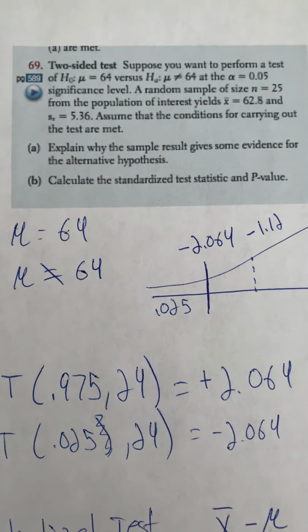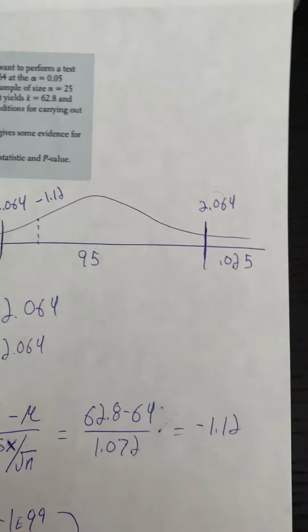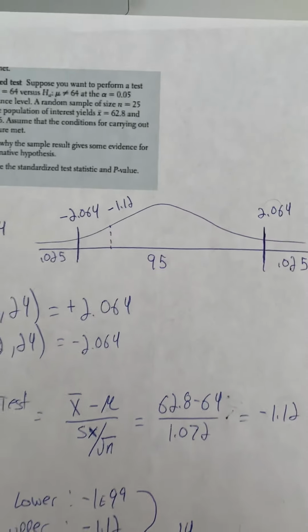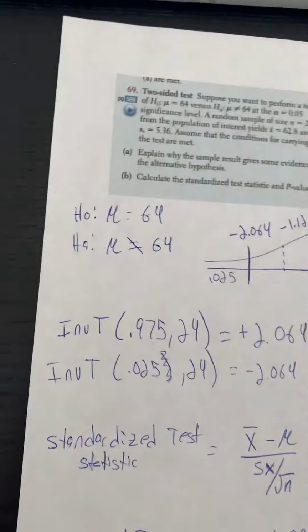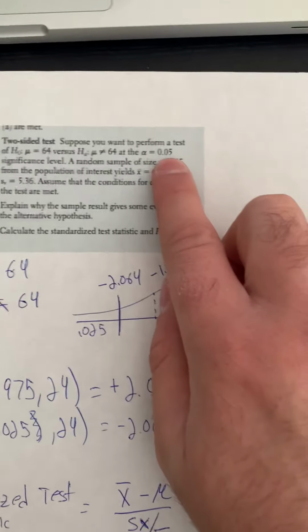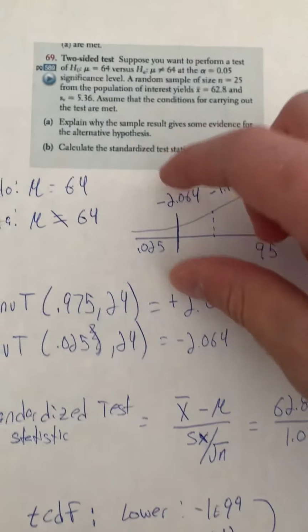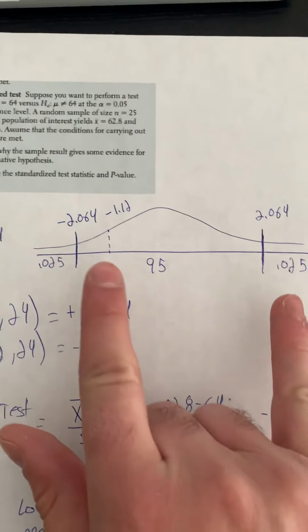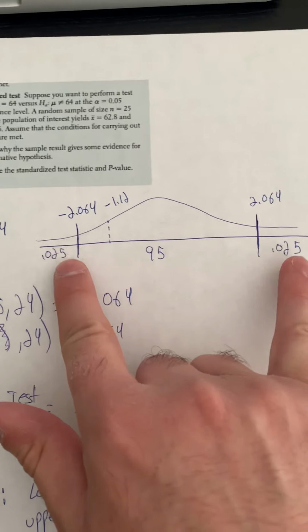Calculate the standardized test statistic and the p-value, right? So remember, first of all, this is a two-sided test, not a one-sided test. So with a two-sided test, I need to take this 5% level of significance, and I can't just stick it all in the upper tail or all in the lower tail. I'm doing a two-tail test, so I need to split it between the upper tail and the lower tail.